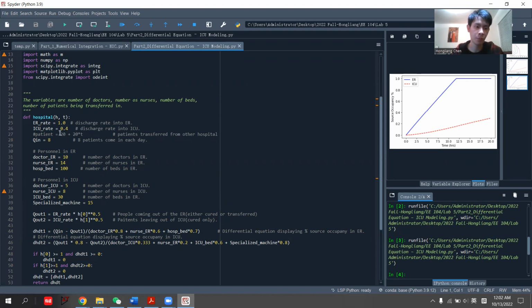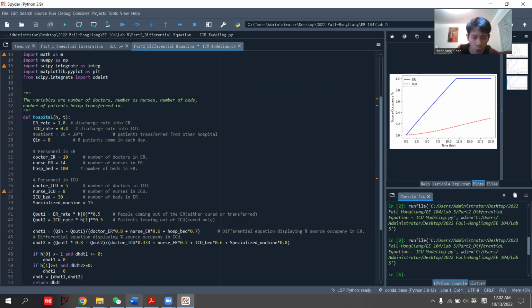But the ICU rate is only about 40%, because some may need to stay in the hospital, some may die, and some may get out. So it's not 100%.